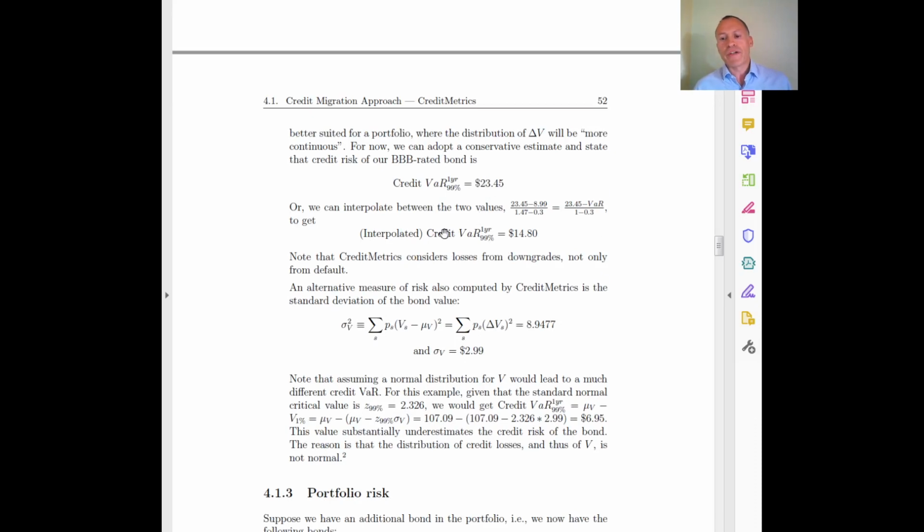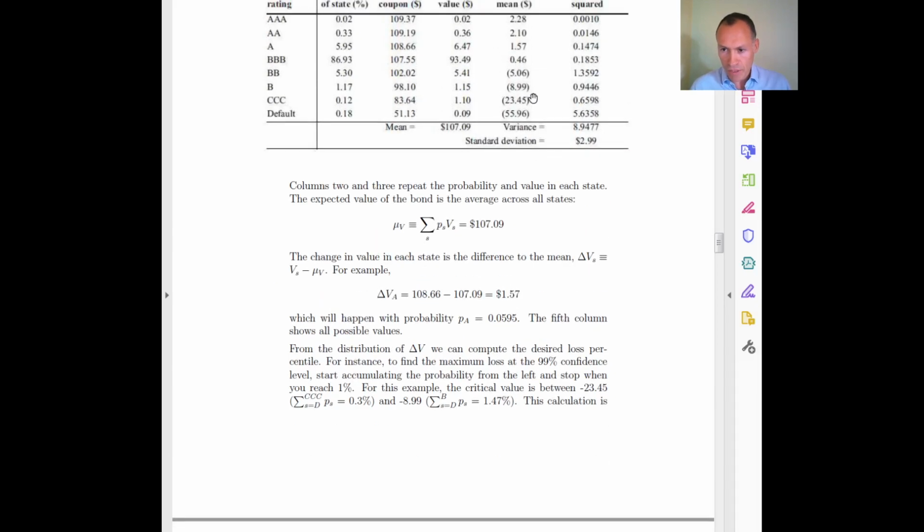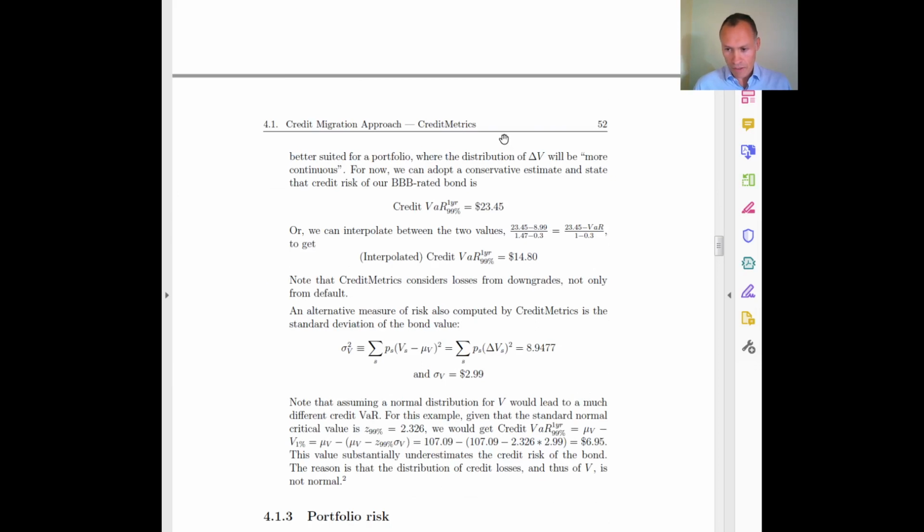Or I can be a bit more fancy and interpolate between the two numbers, the 23.45 and the 8.99, and find a 99% value at risk in between those two numbers, 14.8. So in either case, this is an estimate of the credit value at risk.